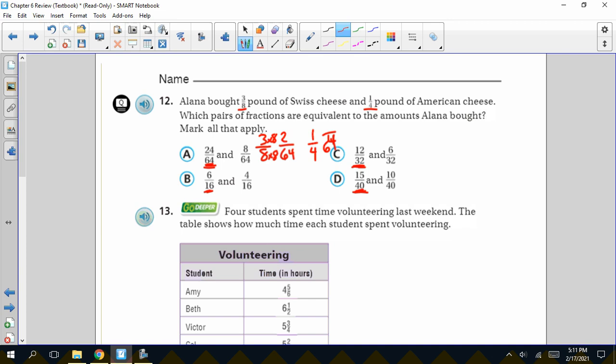That would be 24. That does match. 4 times 16 gets me 64. So I do 1 times 16, which is 16, which gives us a fraction of 16/64. It's not really easy to read there because of the small space, but 16/64. This is not 16/64. This is 8/64. So it is not equivalent.